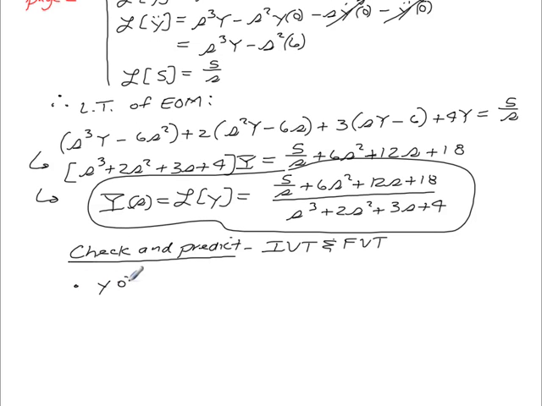So the initial value for y, we know what it is. Let's make sure that we can recover that. It's the limit as s goes to infinity of s times y of s.